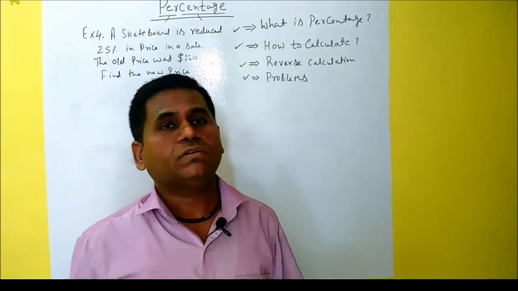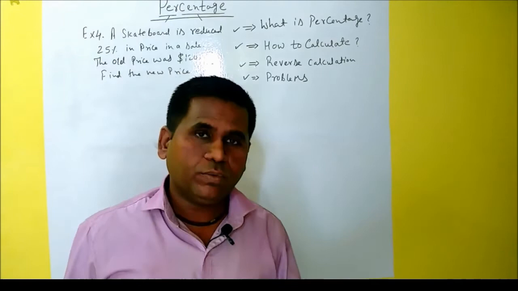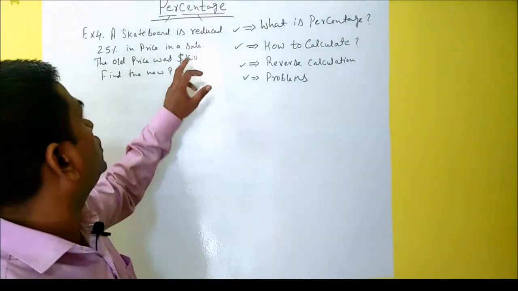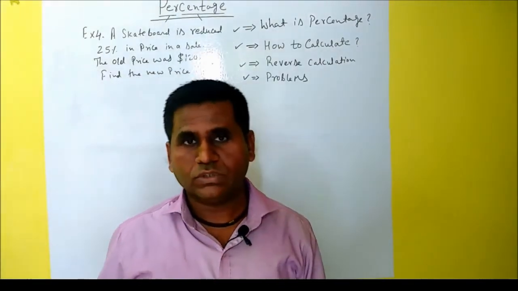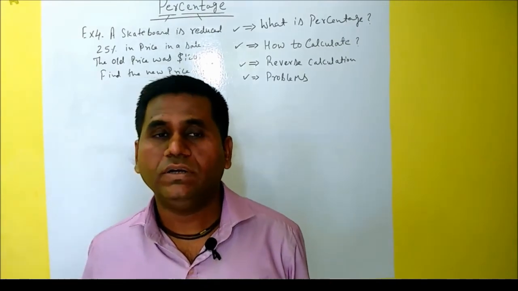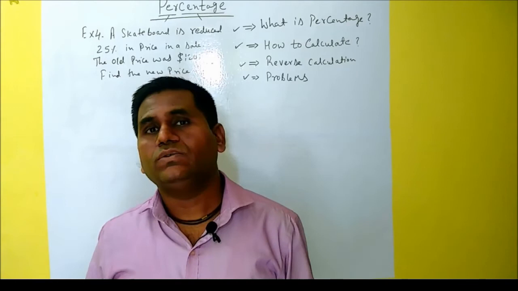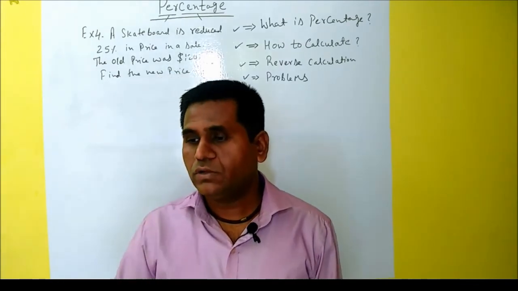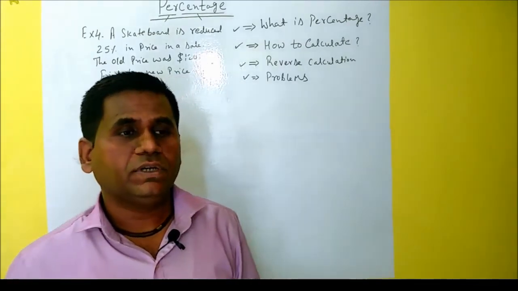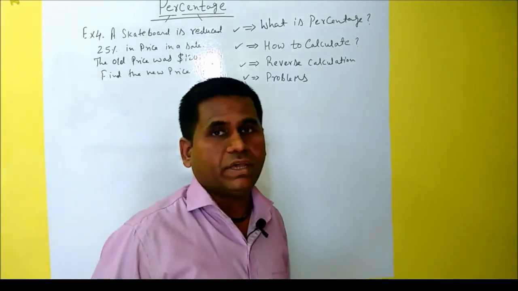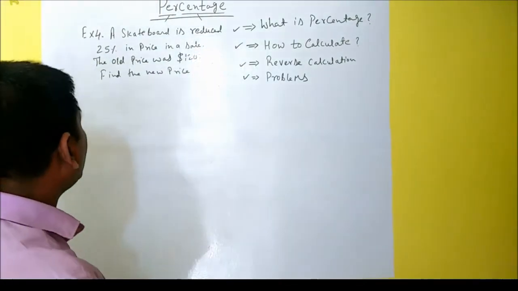Suppose the skateboard price is out of $100. Okay, it is $100, so $25 is reduced, so now it is available for $75. So if it is out of 200, $50 is reduced. That way we can think of it.